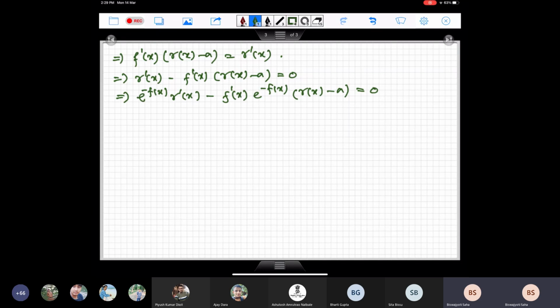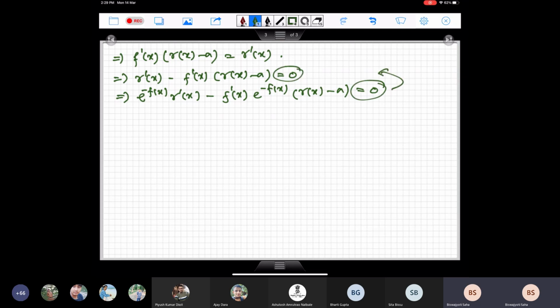Remember that it's an if and only if condition, because I can also go back to the other step: the exponential is a non-zero function, it never takes the value 0. So multiplying by e to the power minus f(x) makes no change.